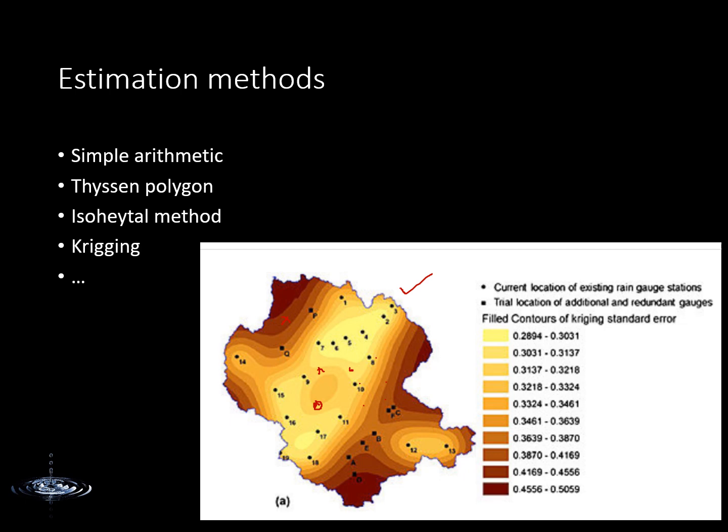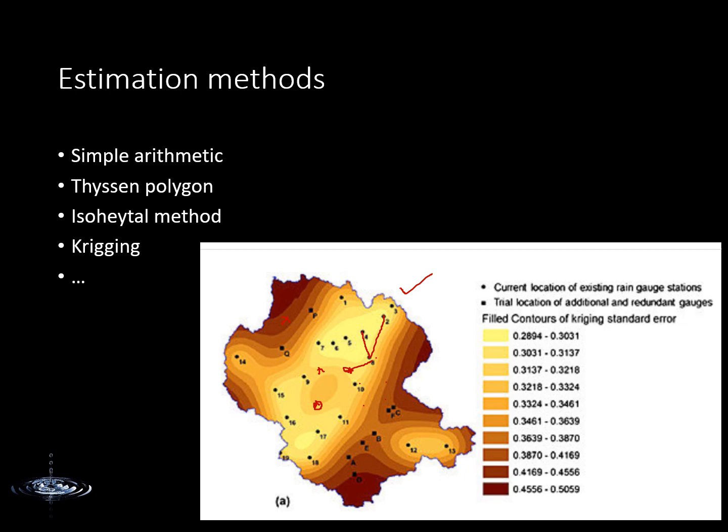technique. In the kriging technique, we use a mathematical function called a variogram, and the variogram is calculated by taking the squared difference between pairs of observations at different locations. So, this point and this point, and also the unobserved location and the observed location.